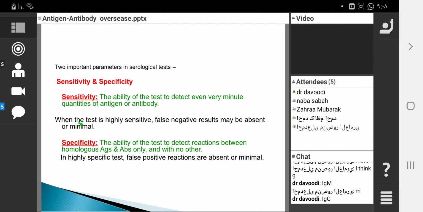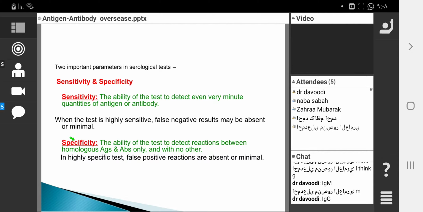And how about specificity? Specificity is the ability of a test to detect reactions between homologous antigen and antibody only, and with no other.